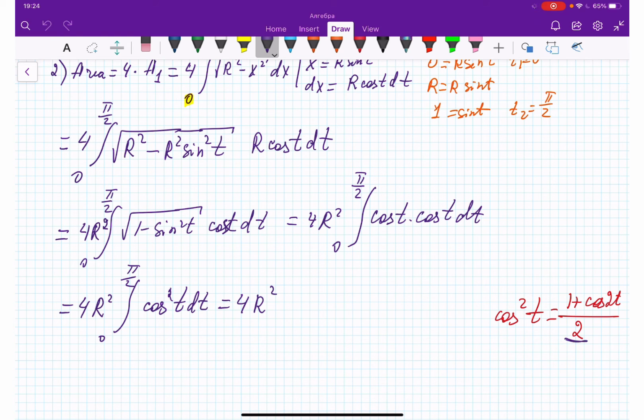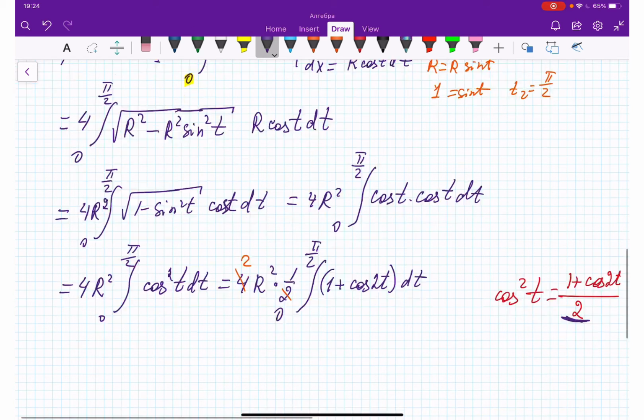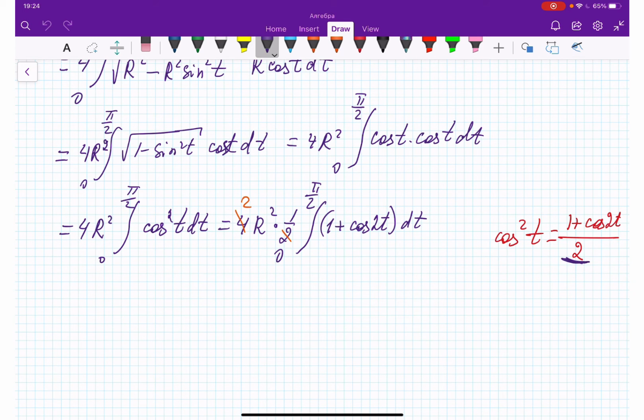This 1/2 here, see in the formula, 1/2 I'm taking out also. 0 to half a pi, which is going to be, this 2 is gone, this is becoming 2. Okay, and we have here 1 plus cosine 2t dt.